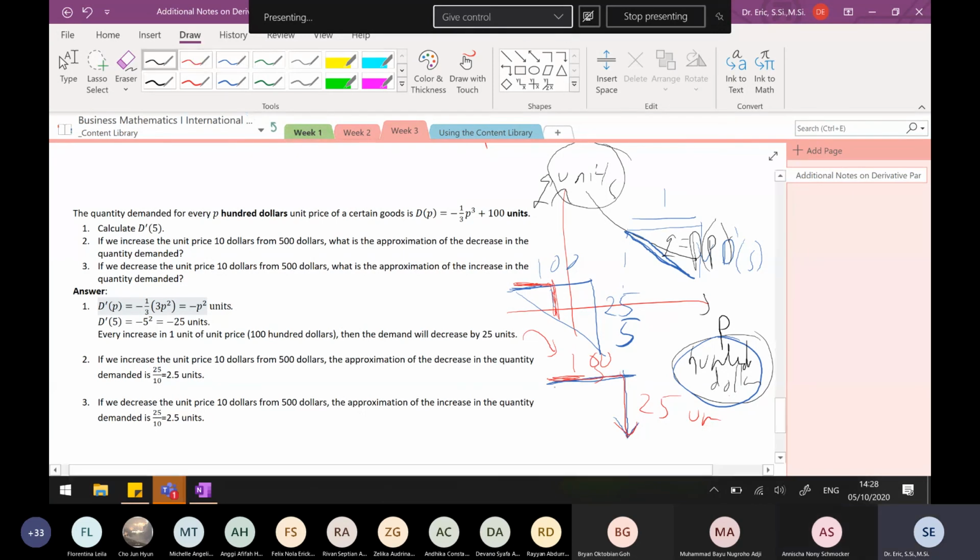What about if I increase just 10, not 100? 10 over 100 times 25. 10 divided by 100 times 25. Do you get this, Anisha? Yes, I get it now.